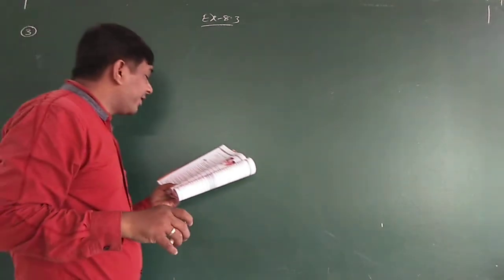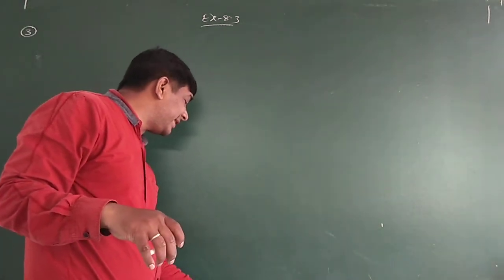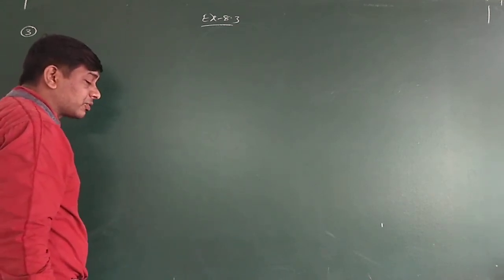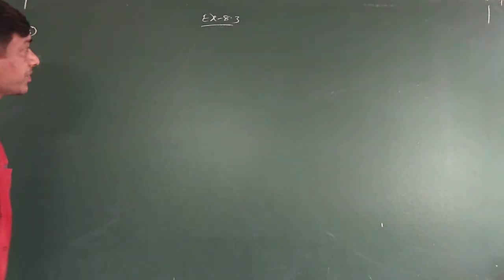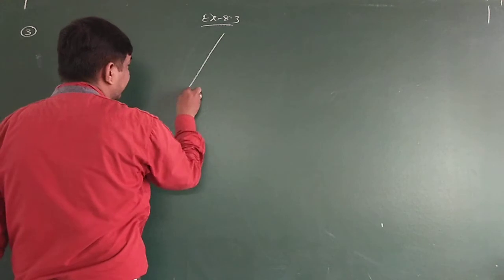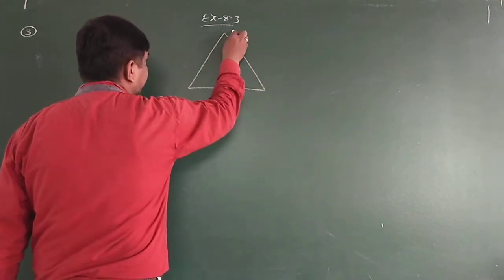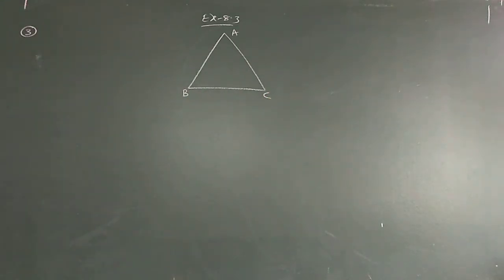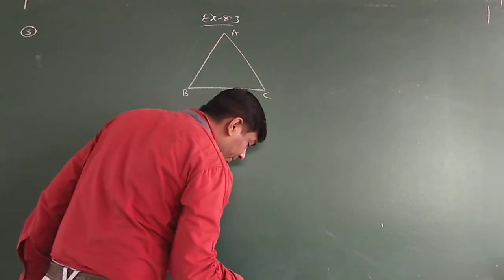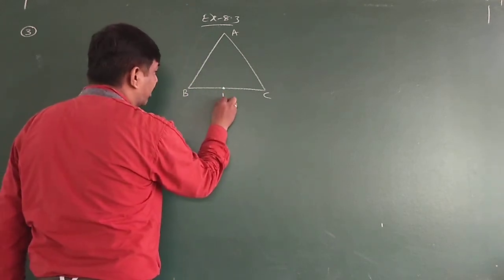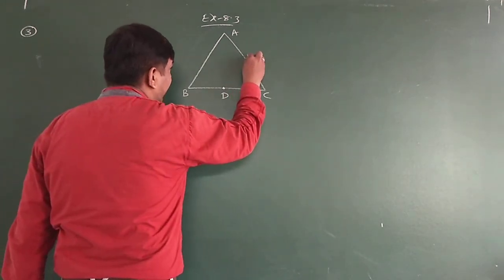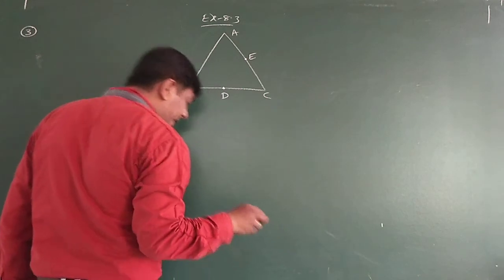D, E, F are the midpoints of the sides BC, CA and AB of a triangle ABC. Find the ratio of the areas of triangle DEF and triangle ABC. See here, this is triangle ABC. D is the midpoint of BC, E is the midpoint of CA and F is the midpoint of AB.